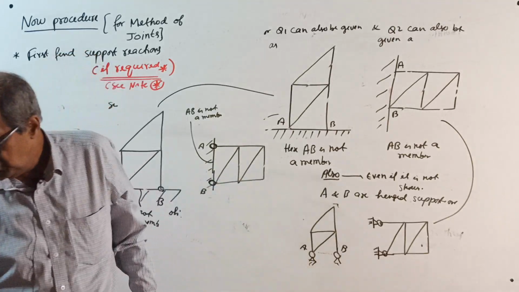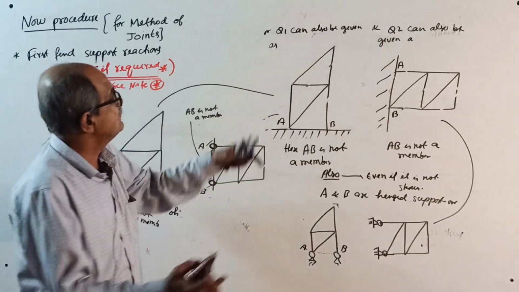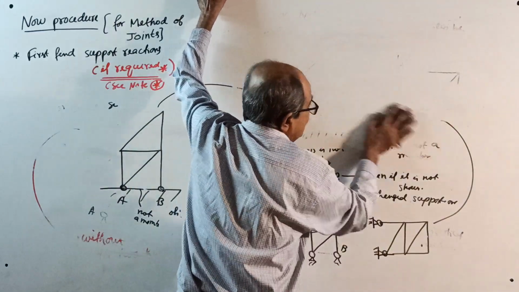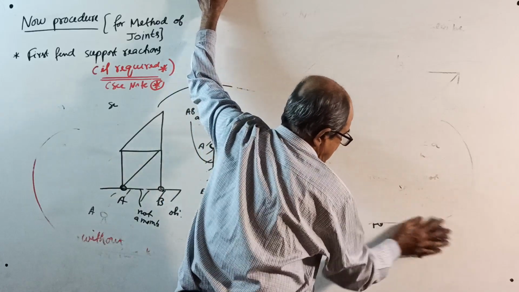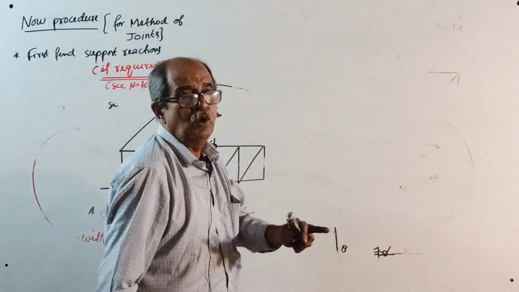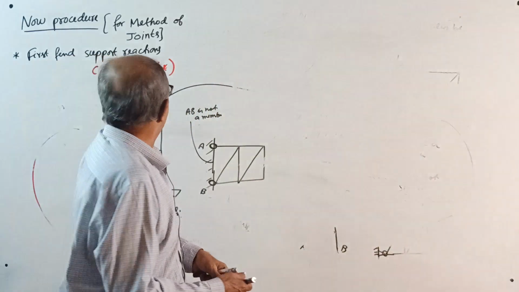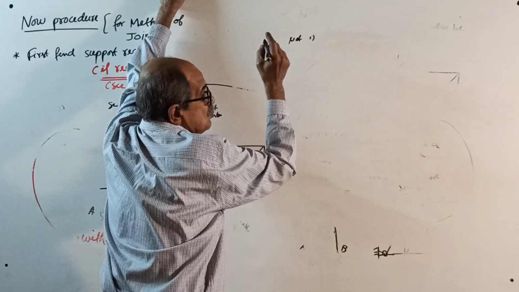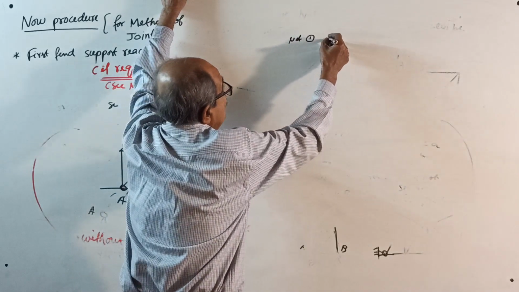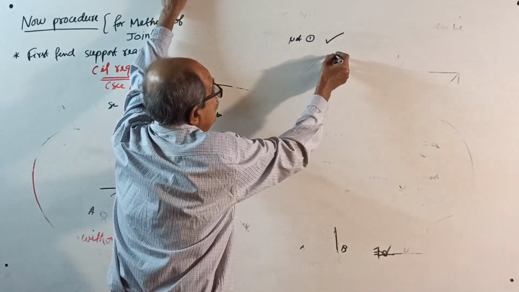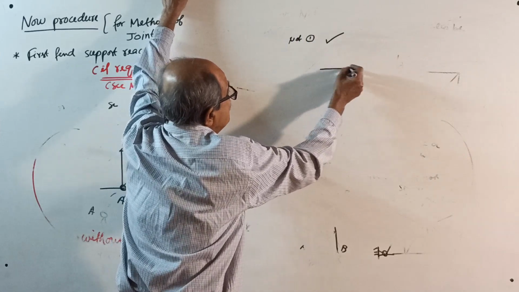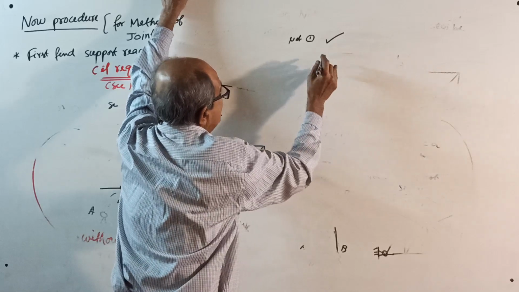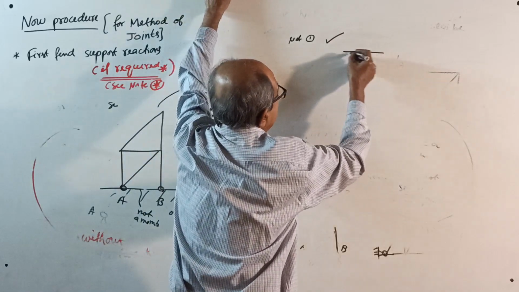So remember now, for all these cases, make a note. I first told note 1, note 2, note 3. This is note 3. In note 1, I told that support reactions are required: one hinge, one roller. I don't remember how it is given there, something I will show here.